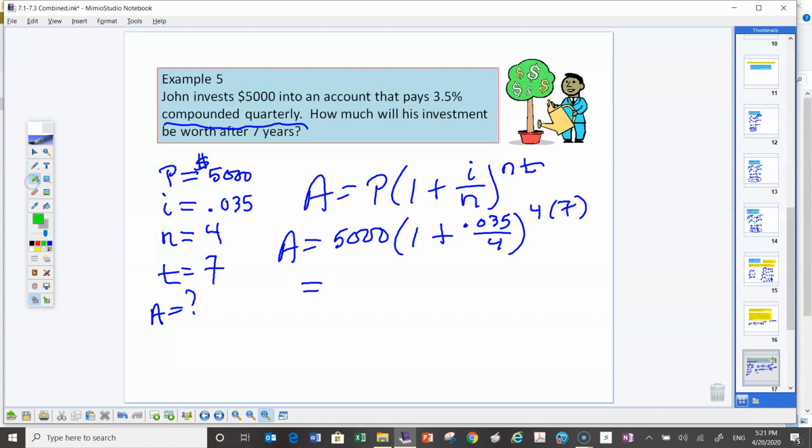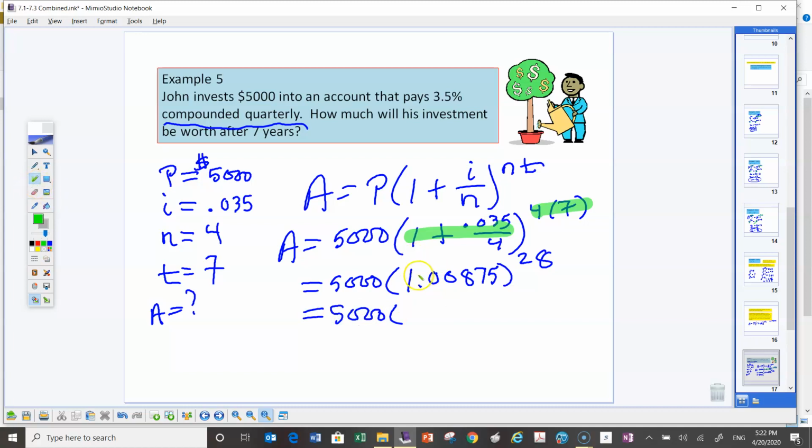Now, when you're evaluating this, you need to work out the stuff in brackets first, raise it to that exponent, and then multiply it by 5,000. So if I go 0.035 divided by 4, and add 1 to that, I get 1.00875. 4 times 7 is 28.